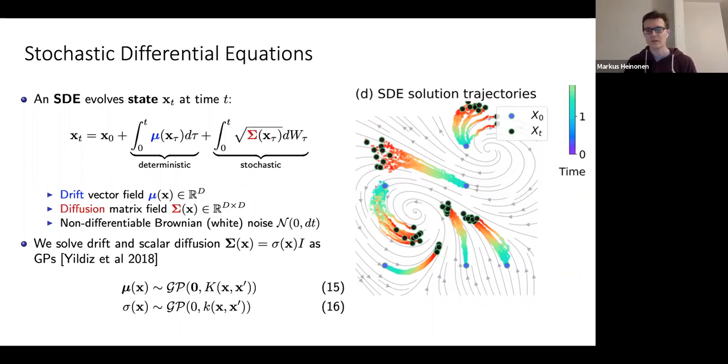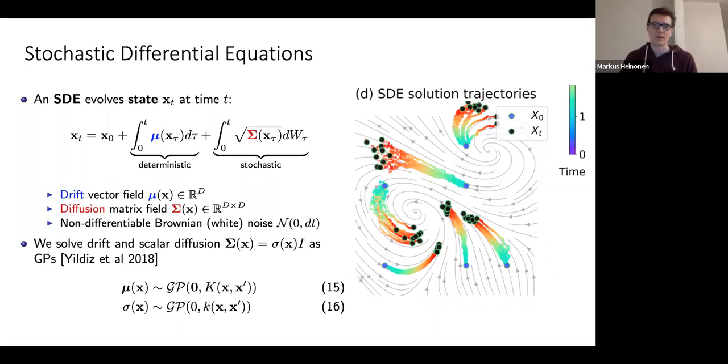So we always start from a fixed point, and we are trying to follow this deterministic vector field, but we are constantly being pushed or perturbed in different, random directions, which then means that the state distribution at some future time is actually a distribution instead of a single point. So starting from one blue point, we can arrive at a distribution of black points. And this is quite an interesting model, and it can model quite complex dynamics.